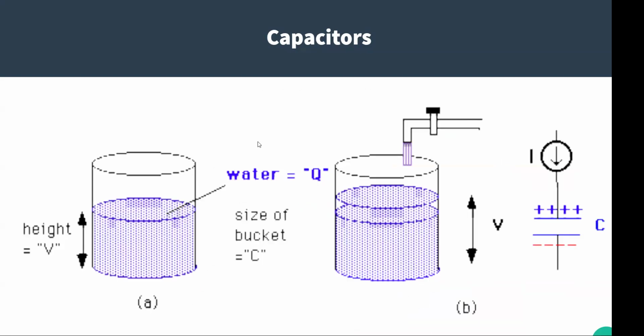Here's another water analogy where the amount of water in the tank is the amount of charge being stored. And the size of the bucket is proportional to the amount of capacitance.